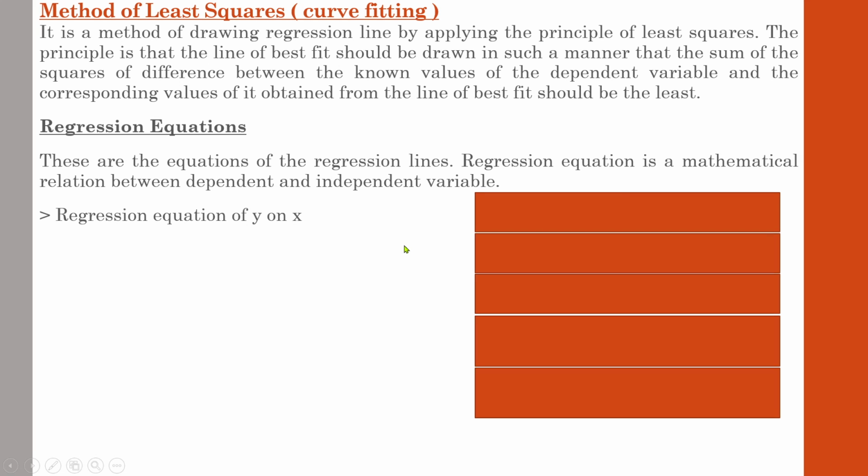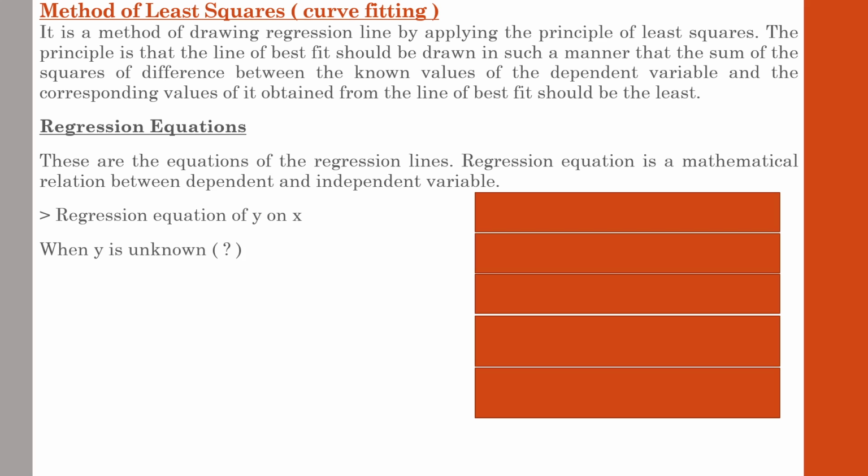For the time being, understand that the equation for y on x means you will be finding the value of y and you will have the details of x. In simple terms, y is an unknown variable and x is a known variable. Remember, the regression equation of y on x is used to find y when y is unknown.